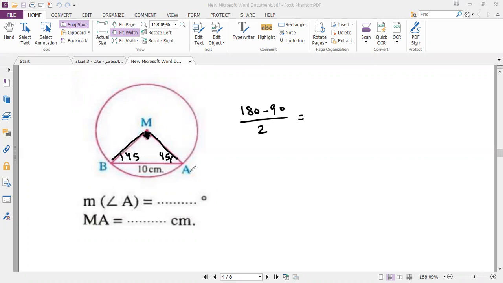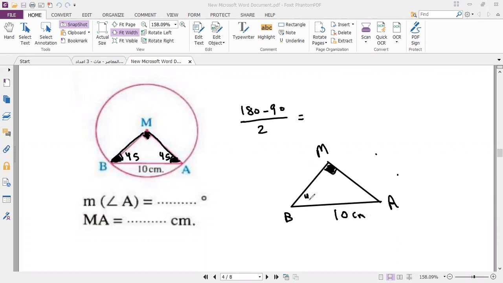How can we get the length of this radius? Because this triangle is an isosceles triangle, we can use 10, if you remember. We can use 10 here and here. This angle is right. Here is MA, and here's B. And this side is 10 centimeters.